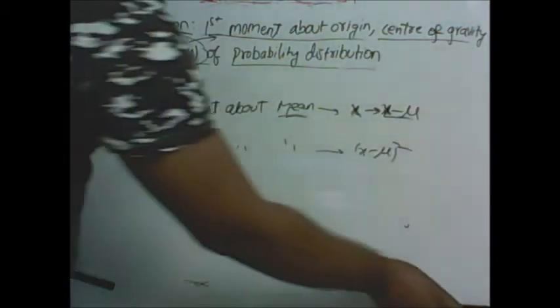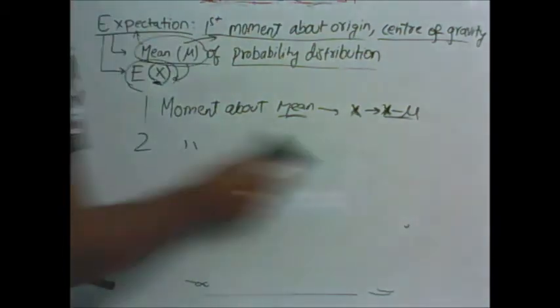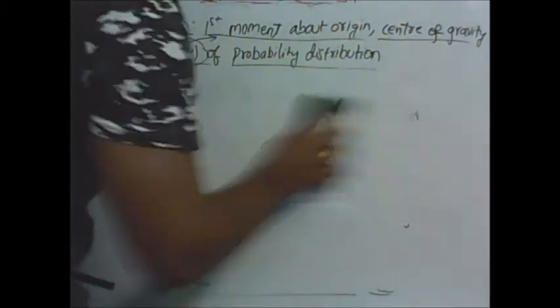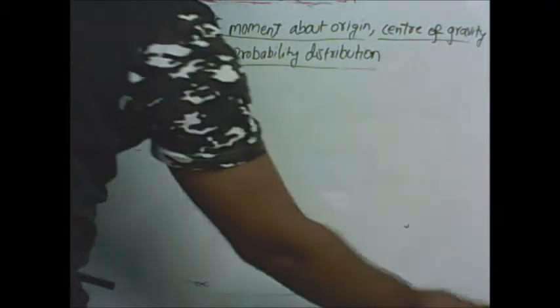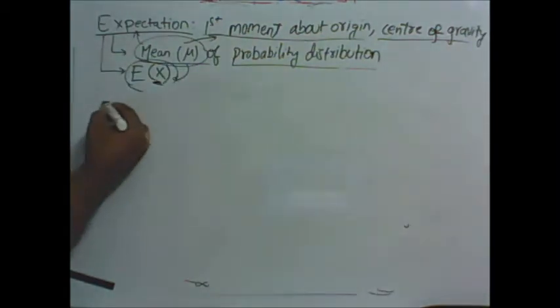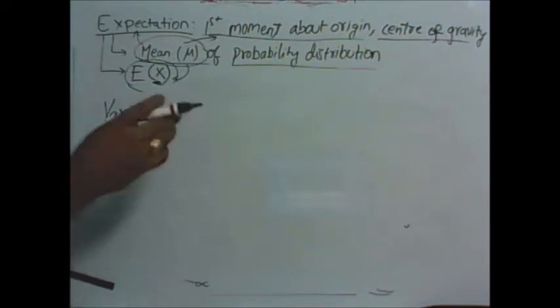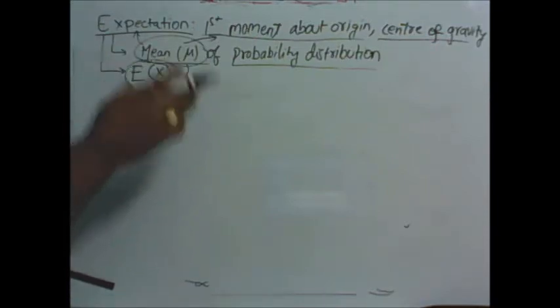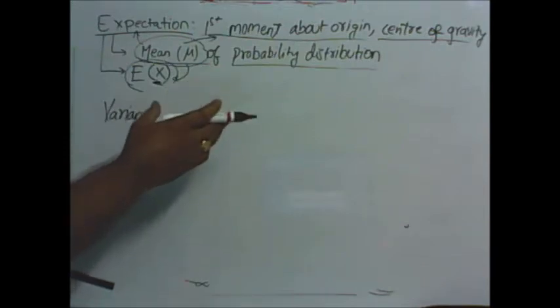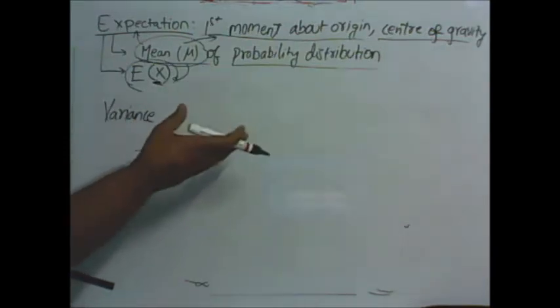How we will use that, I will tell you. Variance is a concept which gives us a proper identification to observe how far the x values are deviating from the mean value.